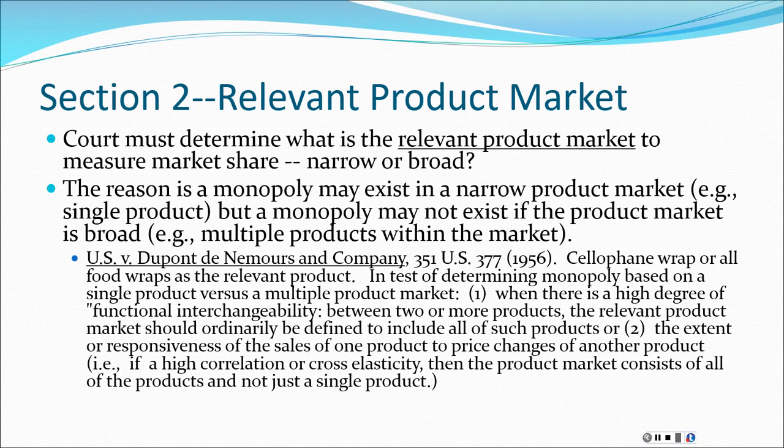Again, substitutability. Now, in this particular case with DuPont in the cellophane wrap, DuPont was successful in fighting off a claim of monopoly, a Section 2 violation by the government, because they were able to prove that the cellophane wrap was not a single product market, that the relevant product market included all of the substitutes. Now think about, from the 1950s, what the substitutes were for the flexible plastic wrap.